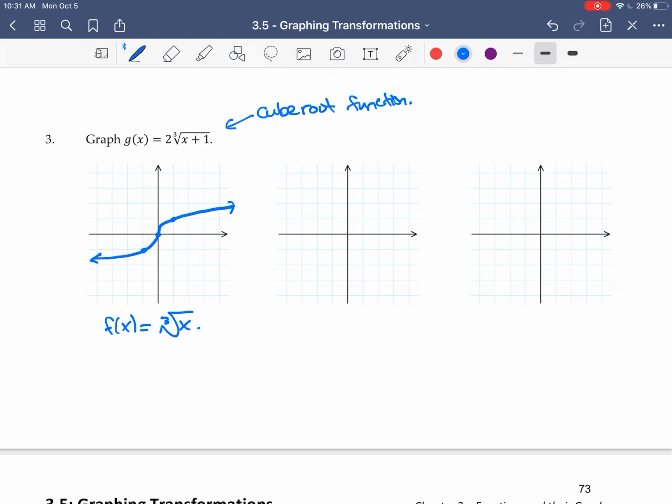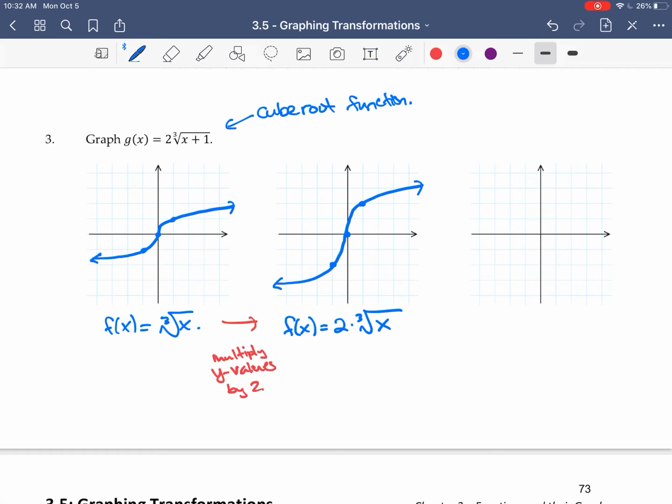And then I'm going to do the 2 on the outside first. So I'm going to take my old y values and multiply by 2. So 0, 0 is going to stay, but 1 is now going to be at 2, and -1 is going to be at -2. So it's going to vertically stretch out this graph. It's going to look something like that.